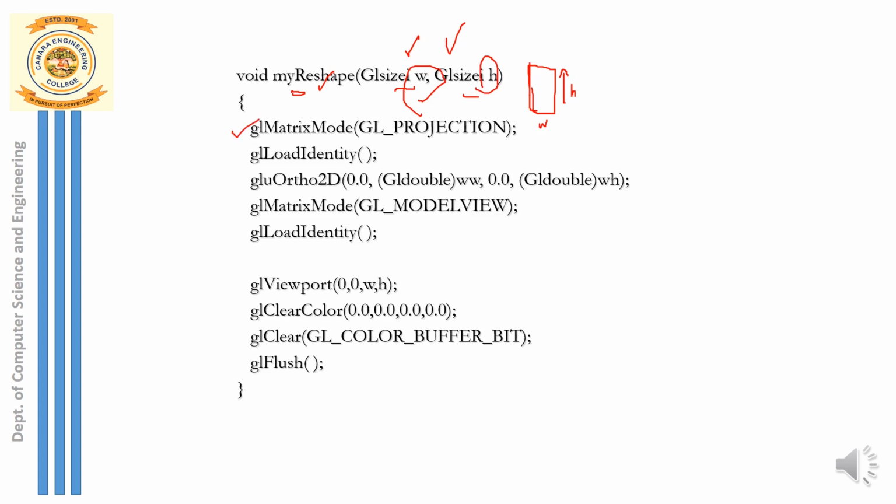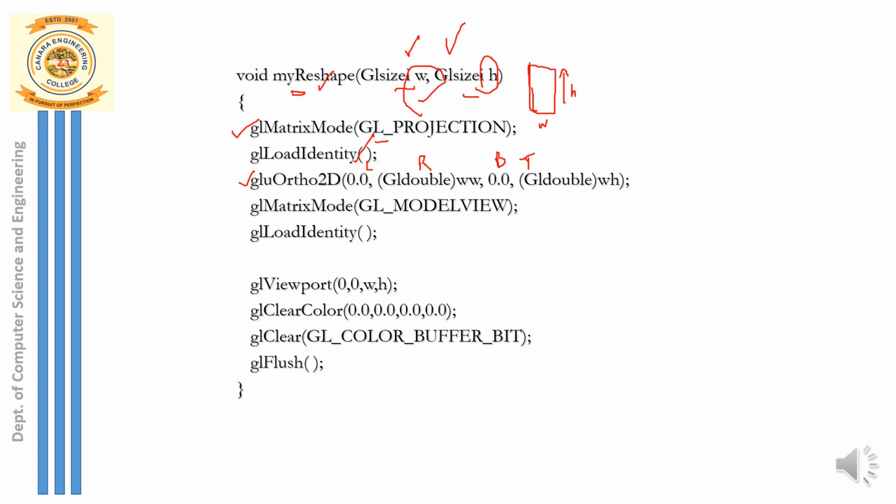Now your function is as it is. You call glMatrixMode, set it as projection, then the first matrix should be identity matrix, and as the first step indicates, you also have to resize the clipping rectangle. So how do I resize the clipping rectangle? You can see clipping rectangle parameters are given by left, right, bottom and then top.